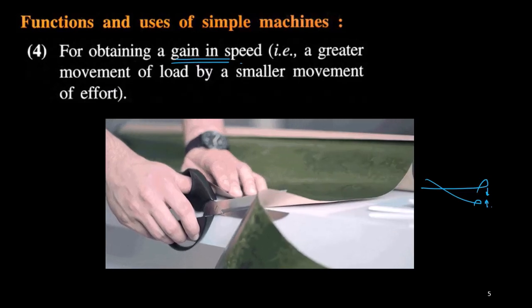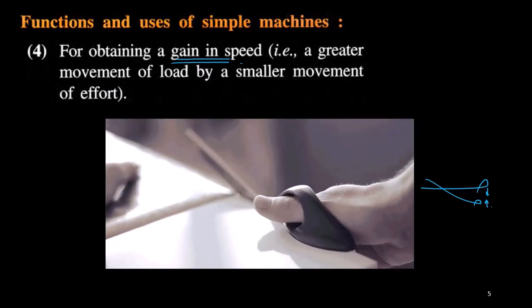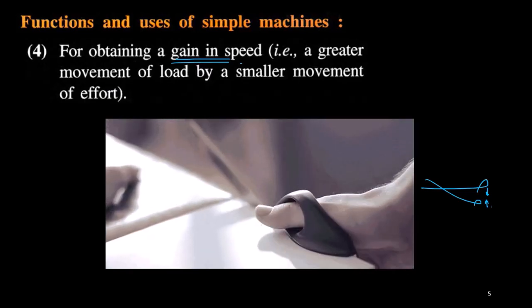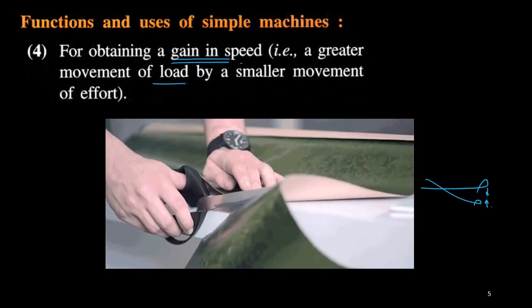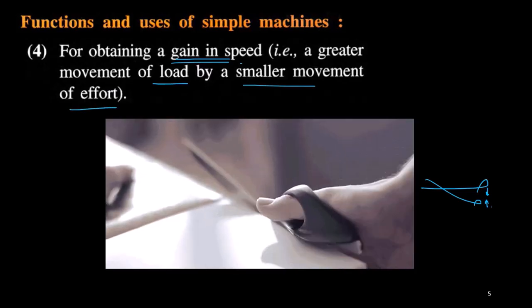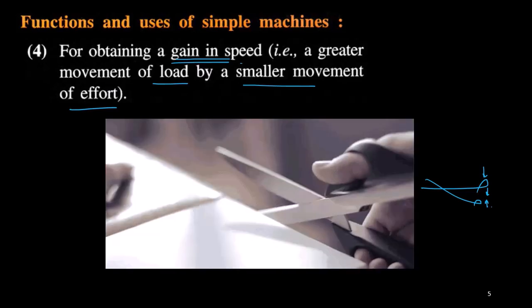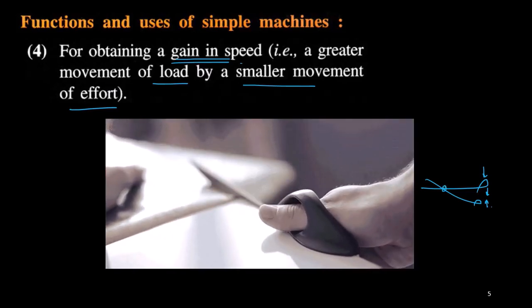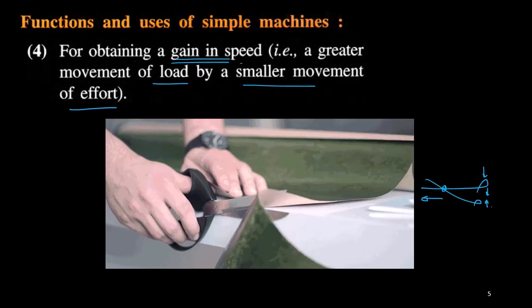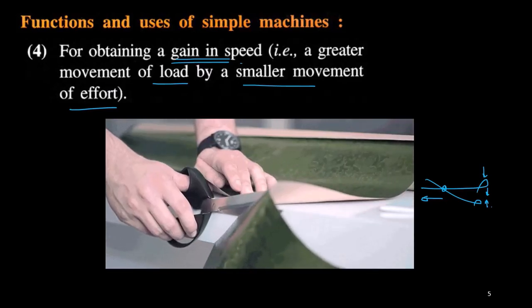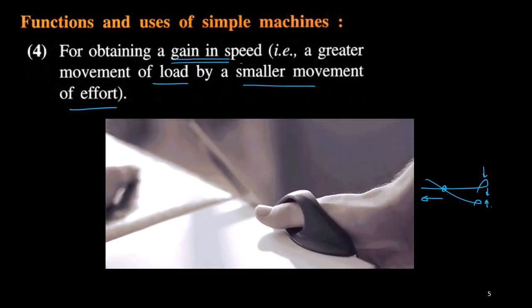Once I start the cutting process, then it is easier to move. So actually what is happening, the machine is gaining speed. There is greater movement of a load by a smaller movement of the effort. Means if I apply a small force over here, that is a small displacement, so this fulcrum point will be shifted larger. So it is basically used to increase the speed, gaining speed.